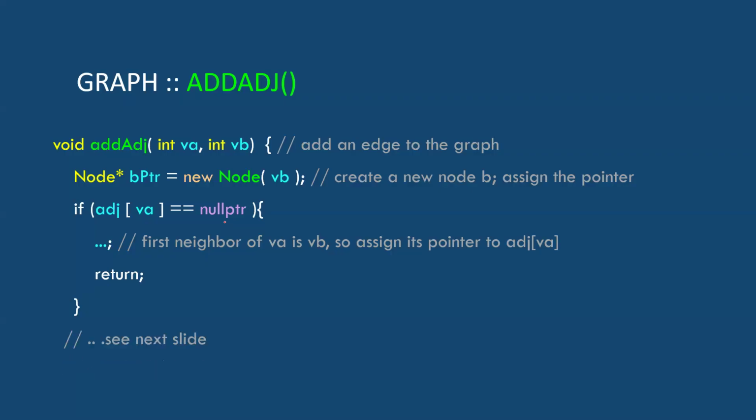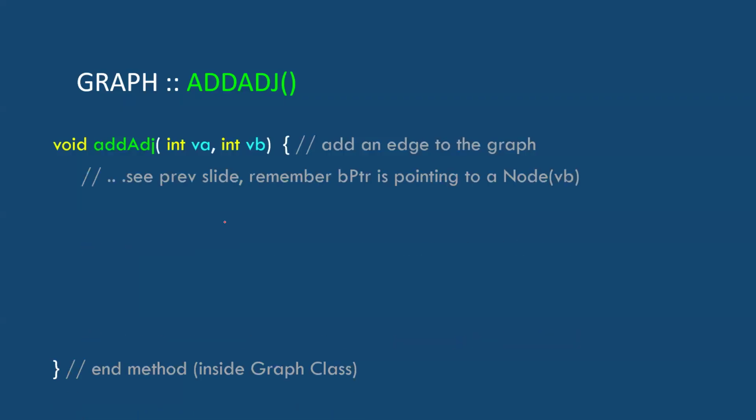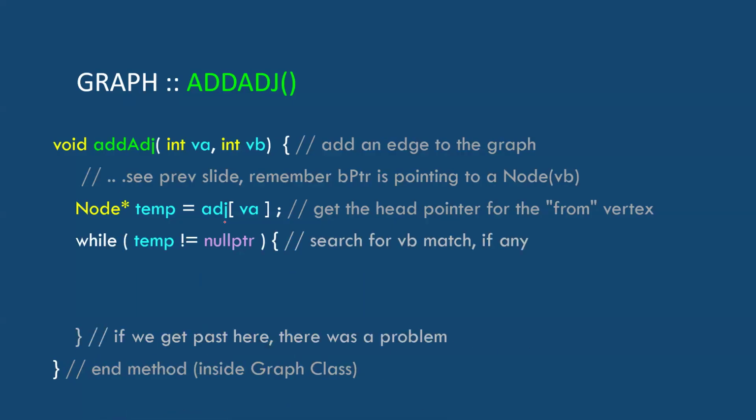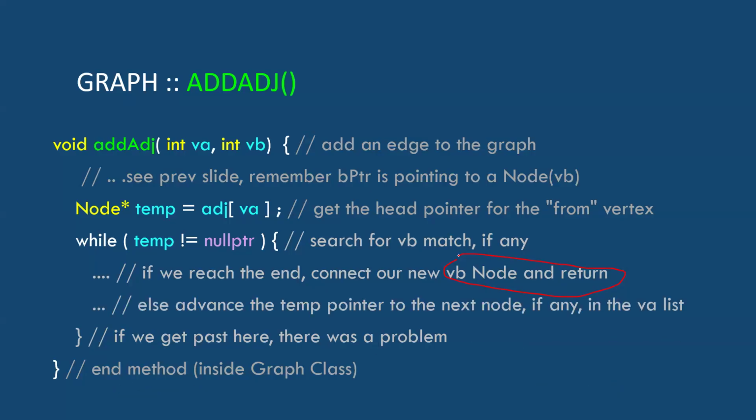Okay. So the else here means we've got to have a while loop. Okay. So let's just look at that at a high level here. So otherwise, right, we have to say, okay, grab onto the head, and while the head is not null, search, right? If we reach the end and we haven't found VB, then go ahead and create a new VB and connect it to the end, right? Because we didn't find it in there, okay?